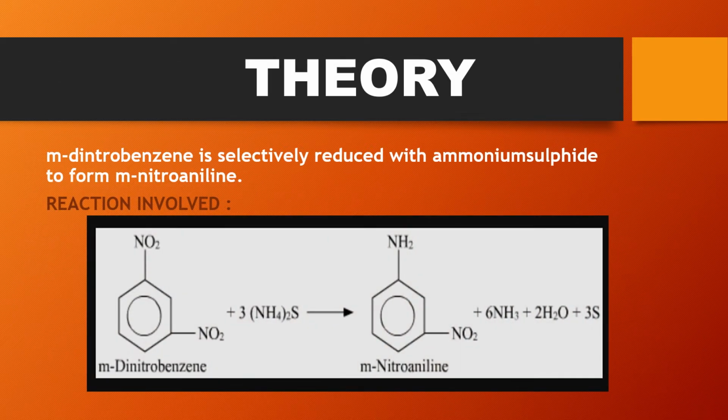So the theory is meta-dinitrobenzene is selectively reduced with ammonium sulfide to form meta-nitroaniline. The reaction involved is meta-dinitrobenzene on reaction with ammonium sulfide gives meta-nitroaniline, as well as some side products like ammonia gas, water and sulfur.